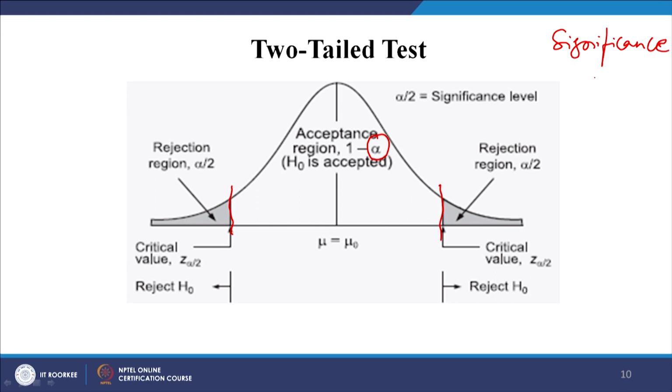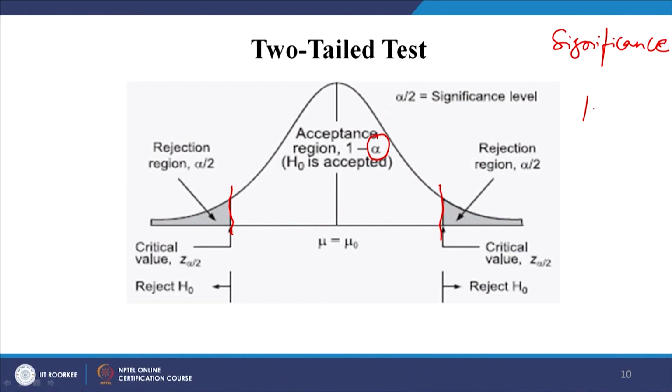Alpha is very important because the researcher has to decide at what level of significance he wants to test his hypothesis. Does he want to test his hypothesis at 1%, 0.01%, 10%, 5%, it can vary anything. So, that means 1 minus significance or alpha is my confidence, is it clear?